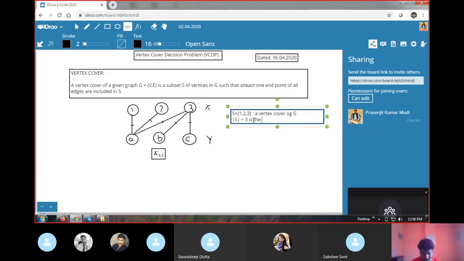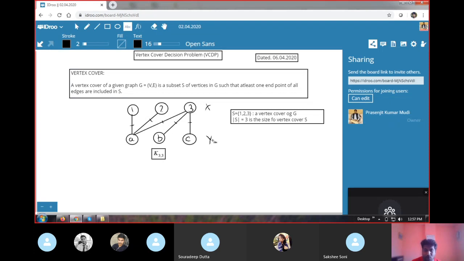Now, as S is a subset of V, we may include all the 6 vertices in S. That is also a possible vertex cover. I mean, V itself is a vertex cover, the largest vertex cover.